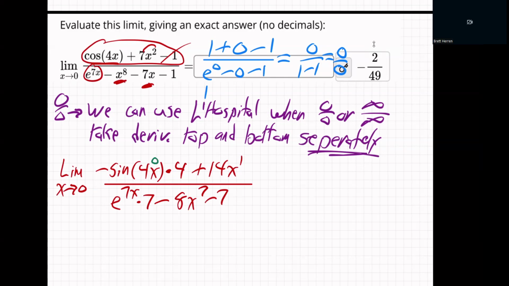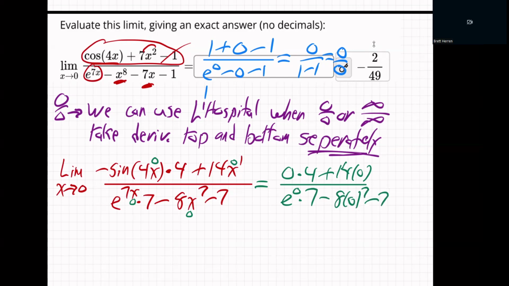We get sine of 0, which is 0, times 4 plus 14 times 0, over e to the 0 times 7 minus 8 times 0 to the 7 minus 7. What is that? Well, this is 1 times 7, and this is just 0, minus 7.